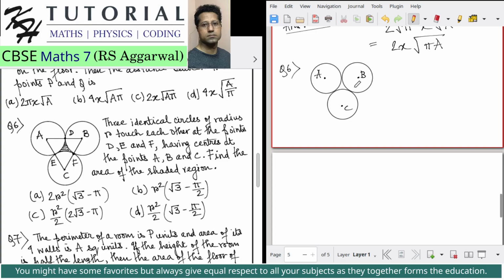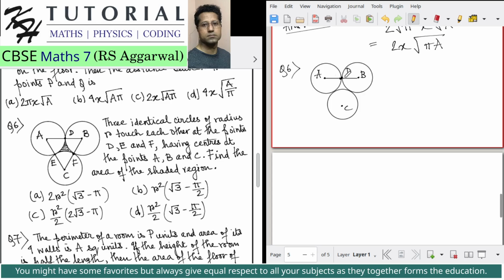Okay, so for the circles with centers A and B, if we join the centers A and B, the line segment AB will also pass through the point at which the two circles are touching. So if this point is D, then ADB are collinear.